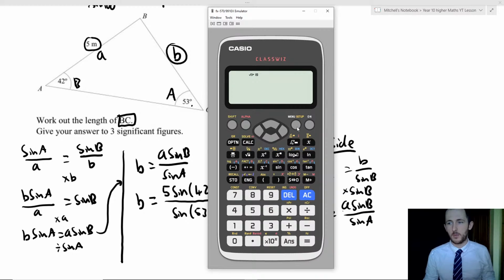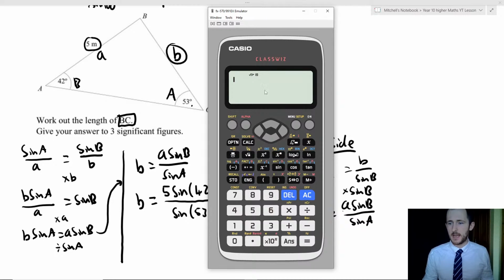If you want to get back to normal, you need to change the units. Press Shift Menu, and if you see number 2 angle unit, make sure you press number 1 for degrees. Radians are what you use in A level, so we don't need to worry about that yet. Gradians is something they only use in the military, so you probably won't ever use that. Just press number 1 and we're definitely in degrees mode, and that D should be highlighted.